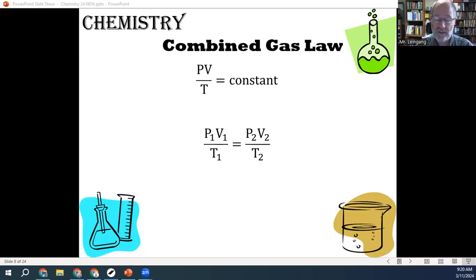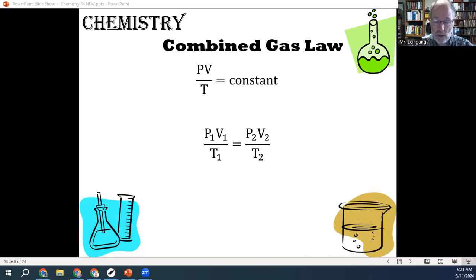And Charles' law was doing a very similar thing. He was looking at the relationship between temperature and volume. And so he said, what if the pressure never changed? But in reality, gases have the ability to change their pressure, their temperature, and their volume. And so looking at those individual laws is not all that helpful.